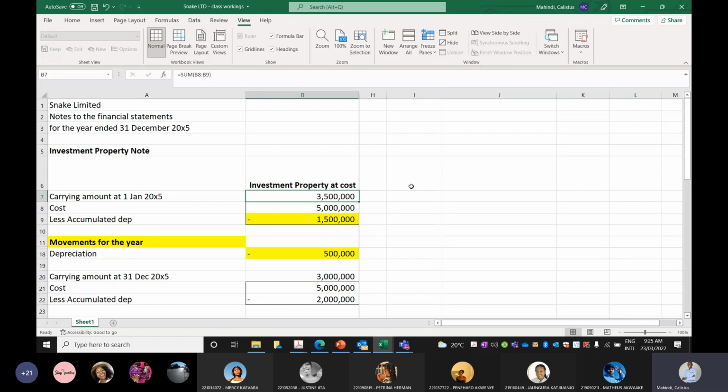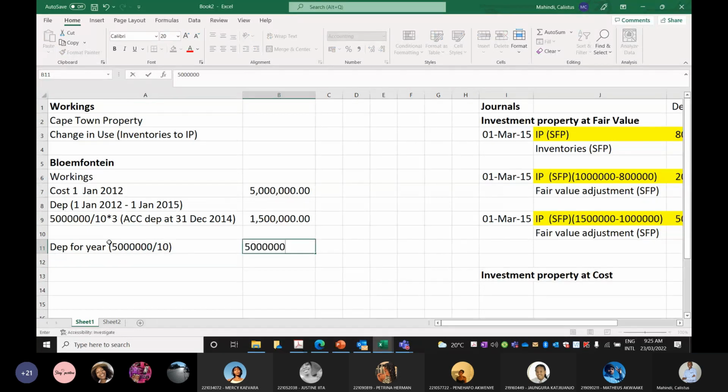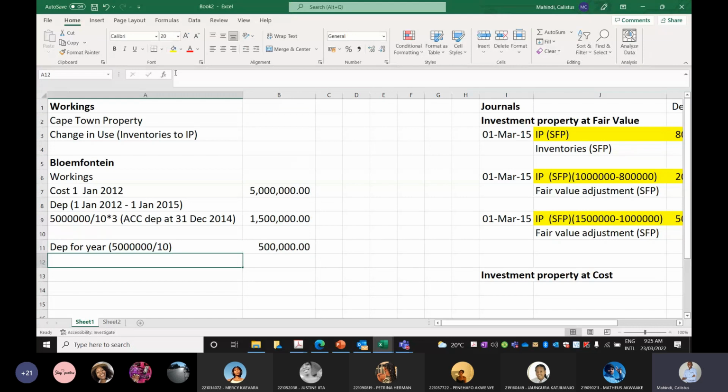Now this property didn't have any other movements. The only movement that we have is our depreciation for the year. That's your 5 million divided by 10 years, you will arrive at an amount of 500,000.